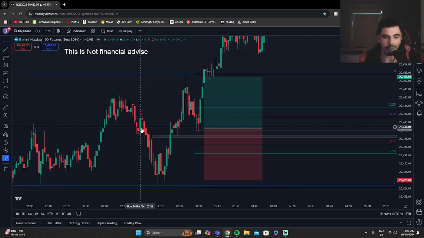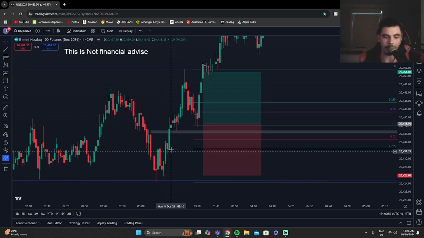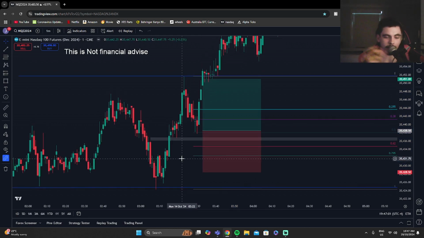I want to cover that, which means stop would go there. However, there's a bullish gap here, so I want to cover that. Stop would go here. However, there's an order block here, so I want to cover that. So when I get below 70%, I'm like, okay, that's cool. But I'm pretty sure I put my stop below this one just to cover absolutely everything, because we're in Asia session and London session, it's a bank holiday.